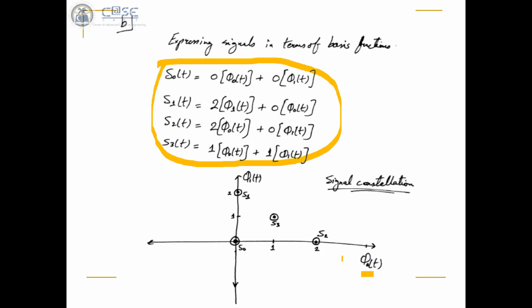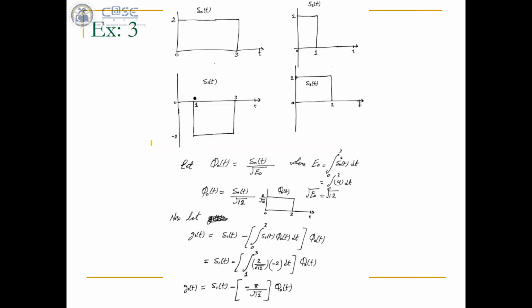So I have reduced the complexity of the receiver by 2 times in this particular example. In the next example, I will tell you how to formally obtain the representation out of a mathematical formula, and it's very simple to get it actually.